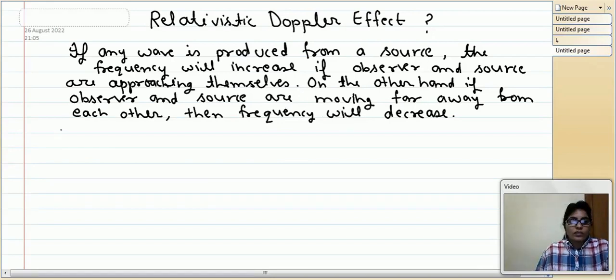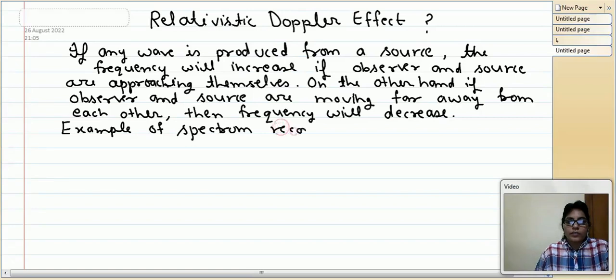So let us recall this for the light. Let us take the example of spectrum recorded of stars. So since stars are moving away from us, then we see red shift in the spectrum.